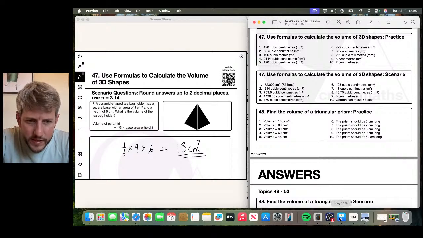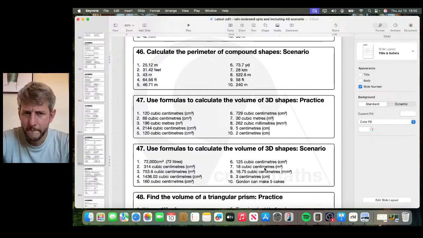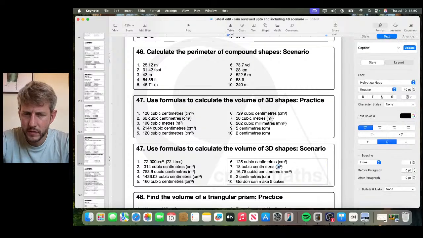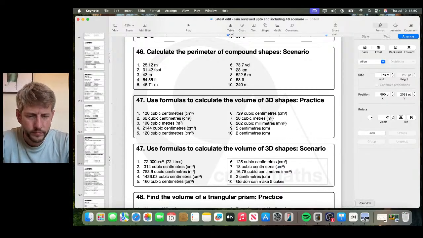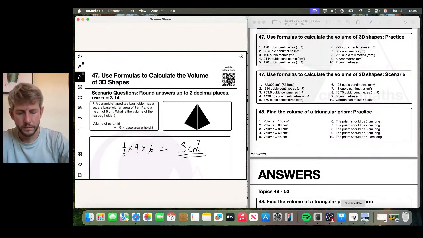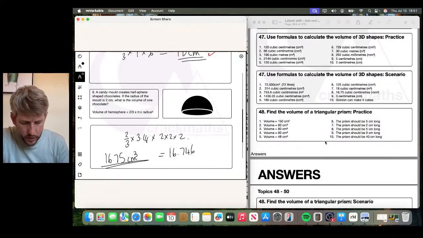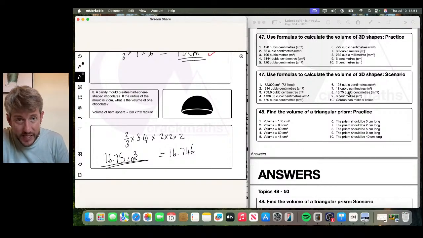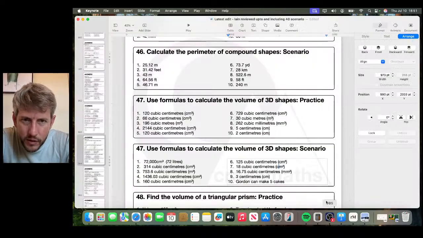It was meant to be cubic centimeters. Okay, that was right though. Next we've got 16.75 centimeters cubed. Oh, and then it says millimeters cubed there. Oh gosh, this one's gone.